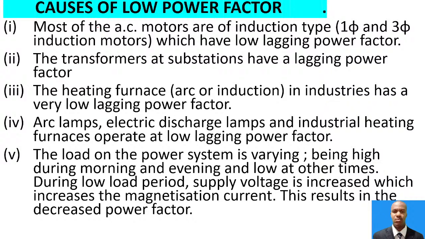So you can say that at a time when we are experiencing low load periods, that is lunch hours and night hours, the supply voltage increases, which causes an increase in the magnetization current, and hence the power factor of the system comes down.